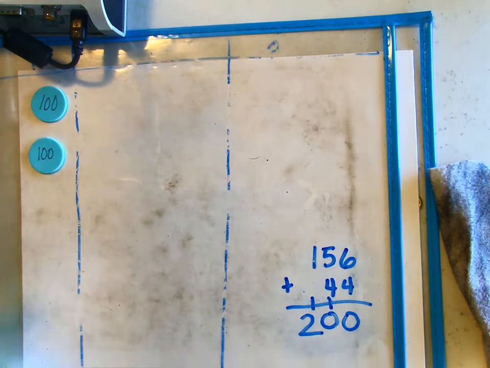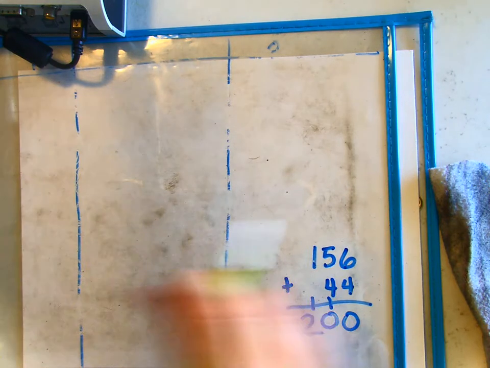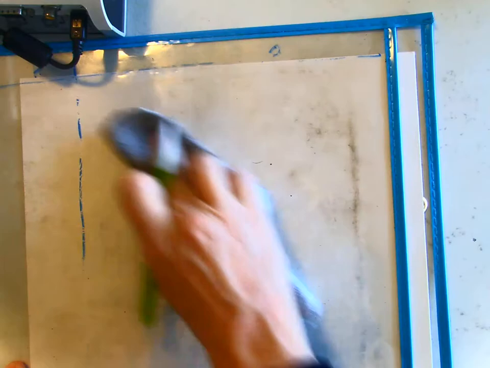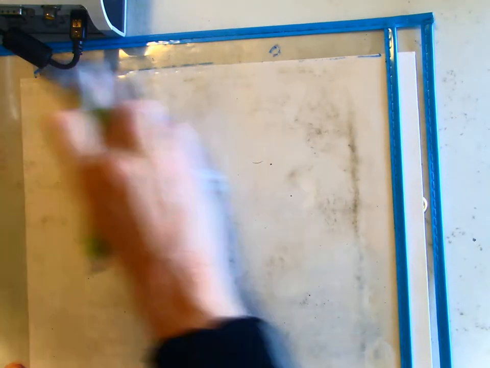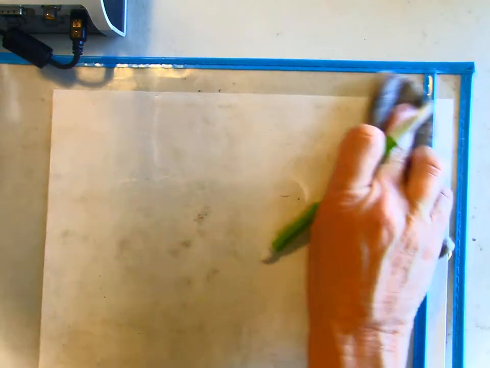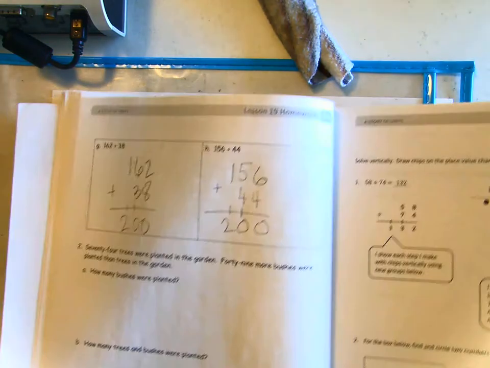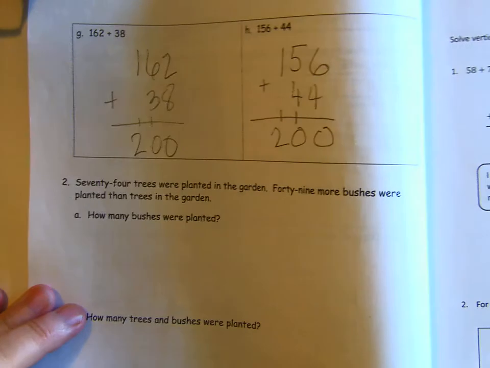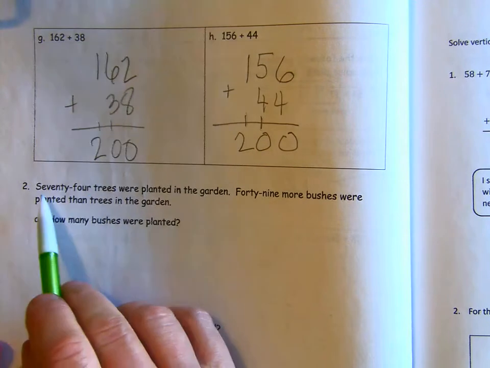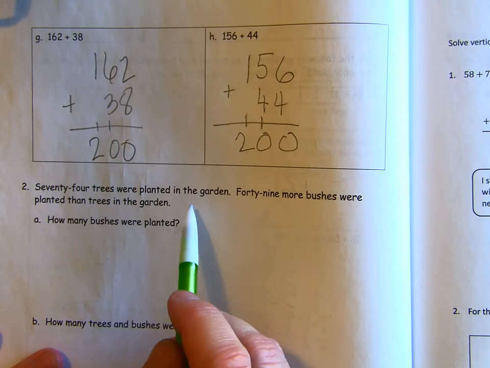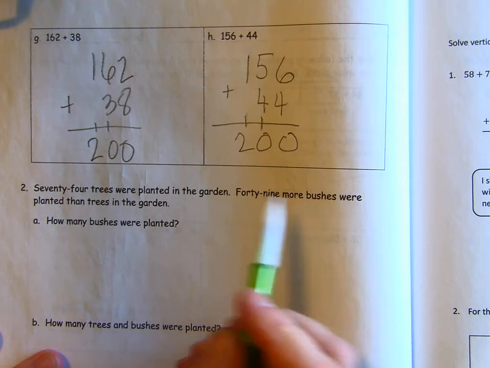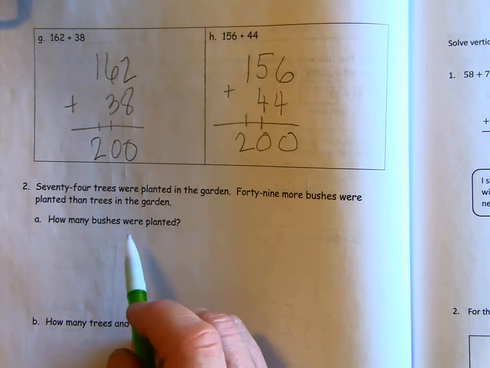All right, we're going to take a look at the last problem in our book. The last problem in our book is a word problem. We always want to make sure we're reading carefully as we start to solve a word problem. So, 74 trees were planted in the garden. 49 more bushes were planted than trees in the garden.